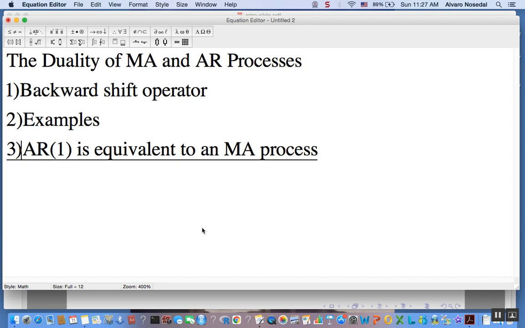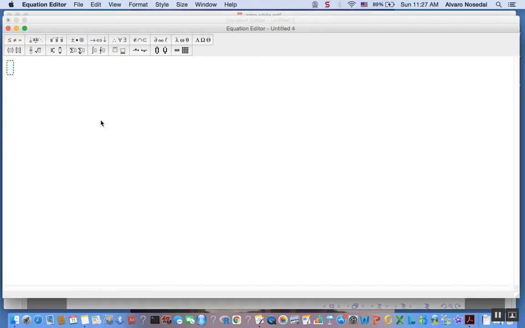Okay, so here we go. First, let's define the backward shift operator. Definition of a backward shift operator.